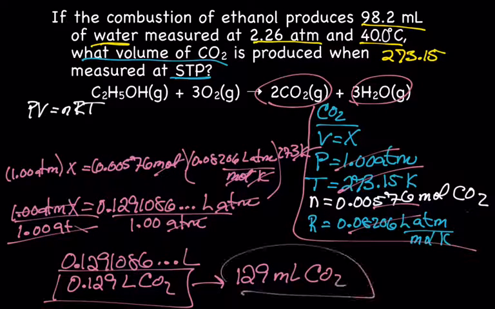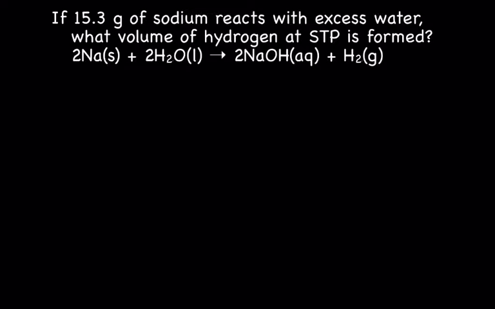Okay, so there's an example of using both the ideal gas law and stoichiometry to come up with a variable. As you can see, it's just thinking, planning. There you go. All right, let's try one more practice problem.